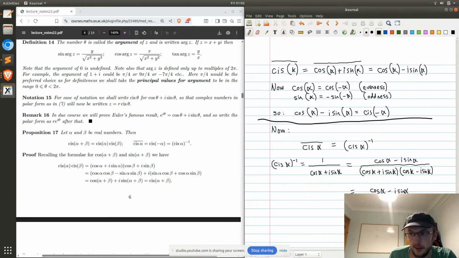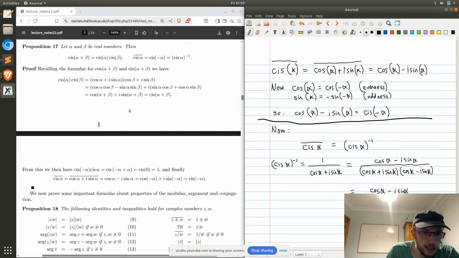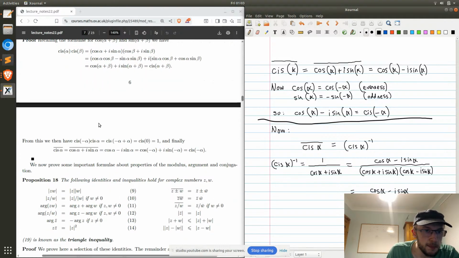Pythagorean identity, that is just simply 1. This here is not cis of alpha, but rather the conjugate of cis of alpha. Okay, all right. And there.